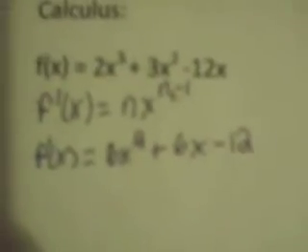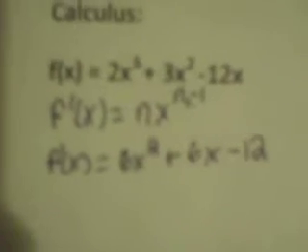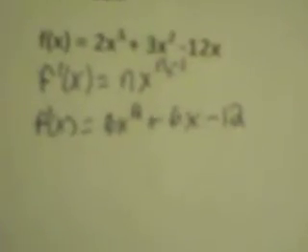As you can see from differentiating, you can take out a 6. So after you take out the 6, you're left with x squared plus x minus 2. So now what?